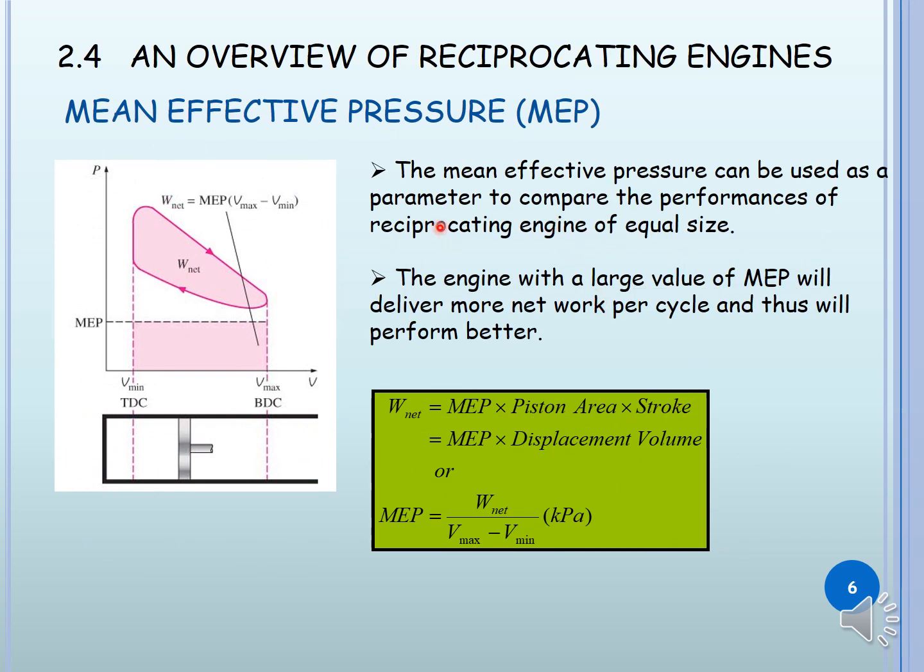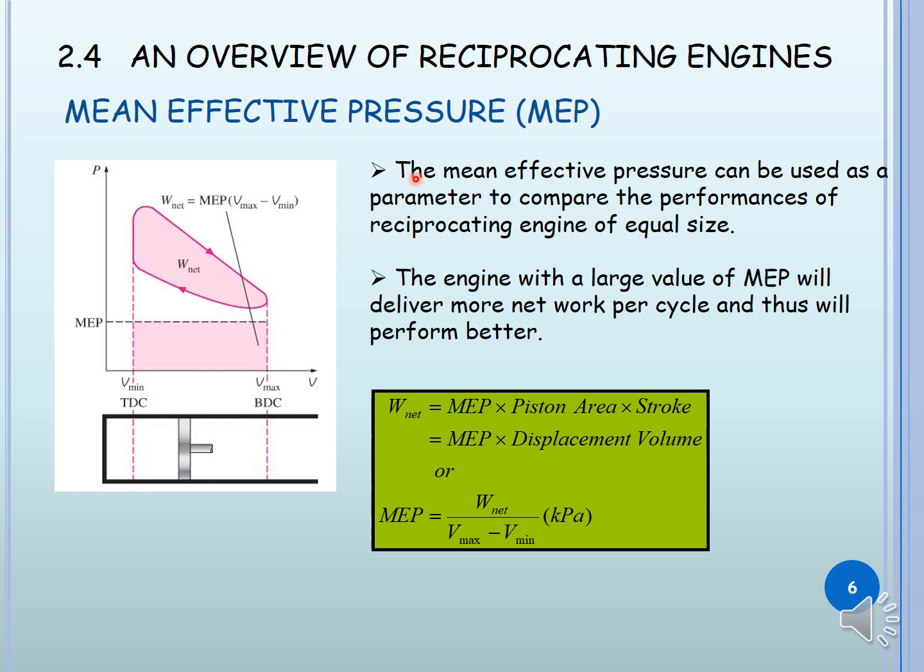And we also have to know the mean effective pressure, MEP. What is the meaning of the mean effective pressure? Why do we need to know the mean effective pressure? Because we already know we can calculate the efficiency of the system.